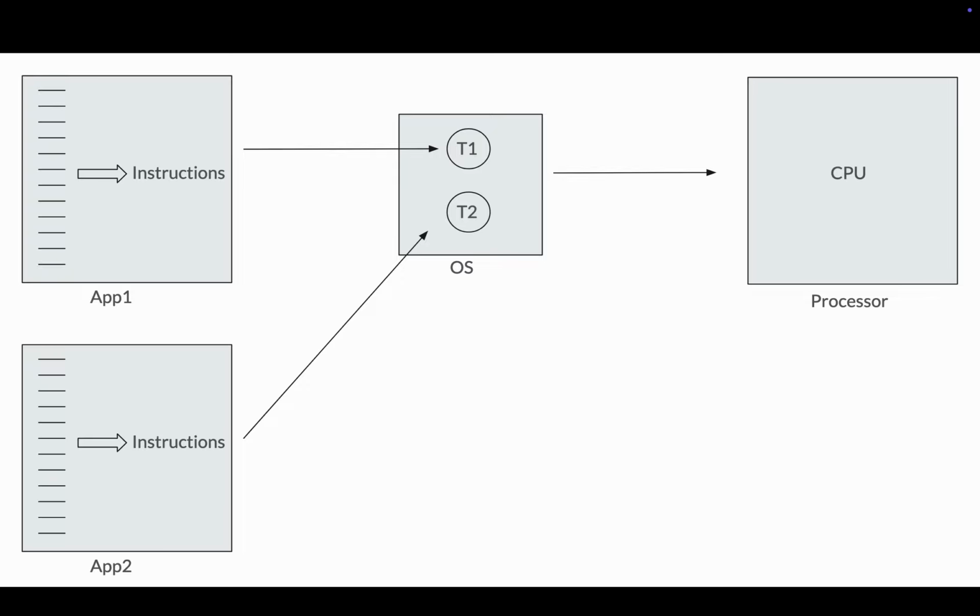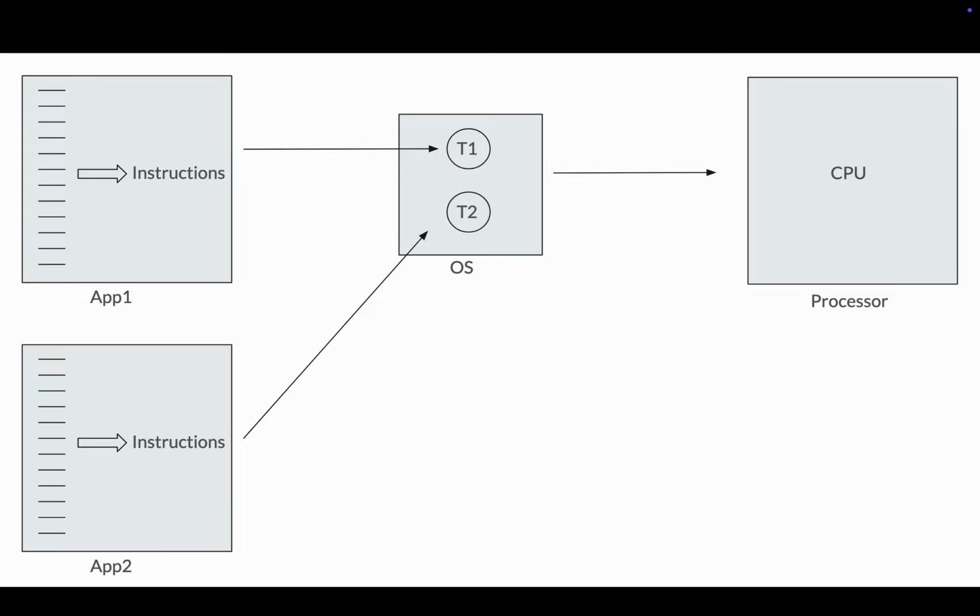Allow it for any other application who needs processor time at the moment. The operating system will allocate the processor time to any other waiting thread, let's say T2, and the processor will execute the instruction from application 2 traced to T2.